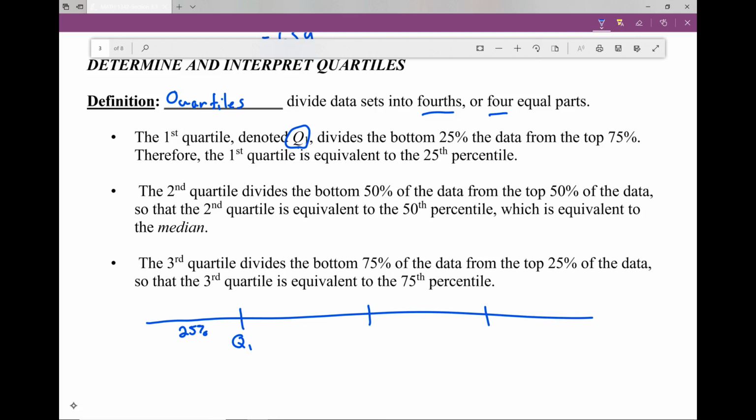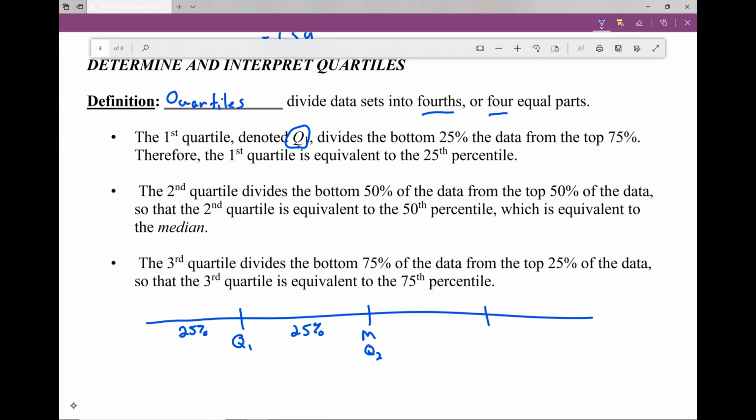The second quartile divides the bottom 50% of the data from the top 50%. This is the same thing as our median. It's also called Q2. So this is 25% here, plus another 25%. All of this area right here is 50%, leaving us with 50% on the right-hand side, or the upper side.